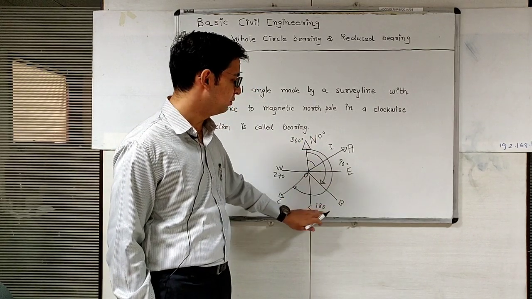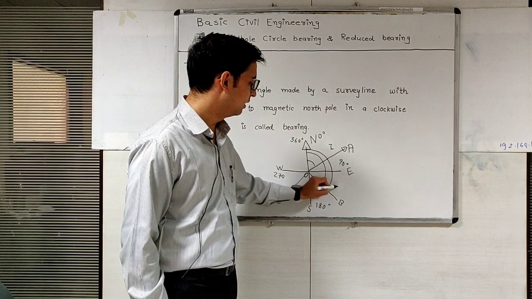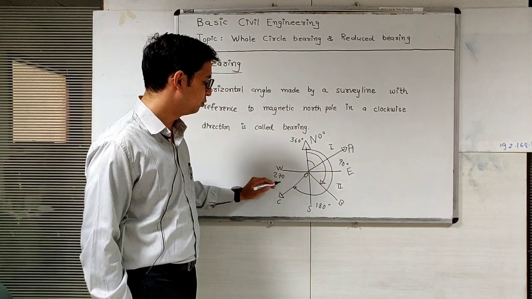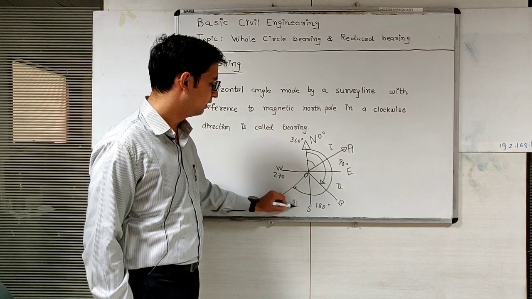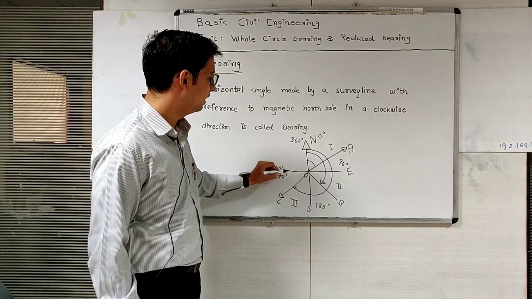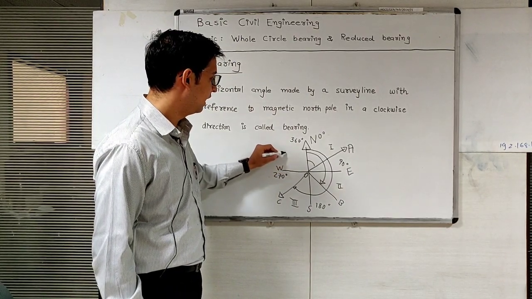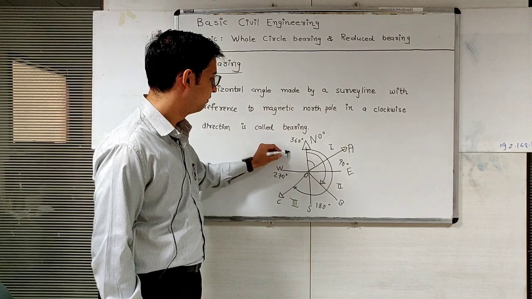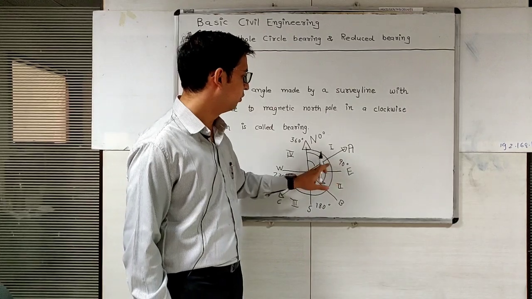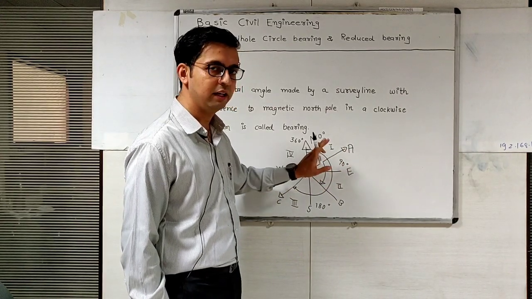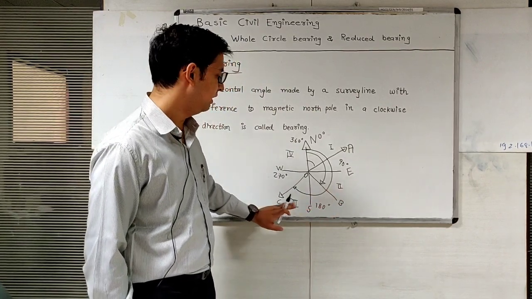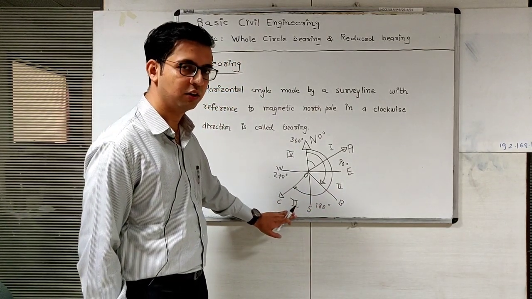For 90 to 180 degree it is the second quadrant. For 180 to 270 degree this part is called the third quadrant, and 270 to 360 degree lies in the fourth quadrant. So the OA survey line is in the first quadrant, OB in the second quadrant, and OC in the third quadrant.